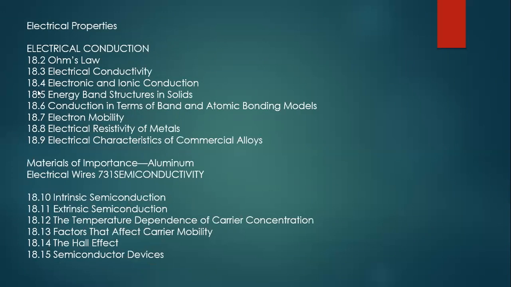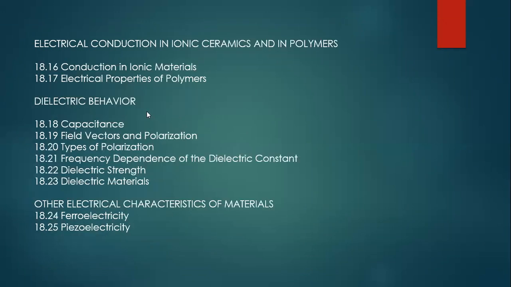And apart from that, we discuss electrical conduction. This is under electrical properties of the same ceramics and polymers that I'm just talking about. So look at the dielectric behavior, and look at the other electrical characteristics of materials.